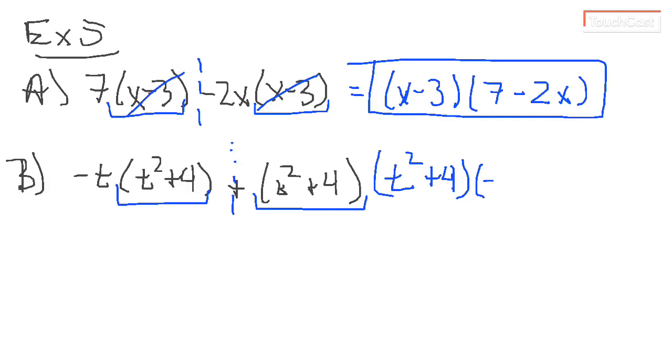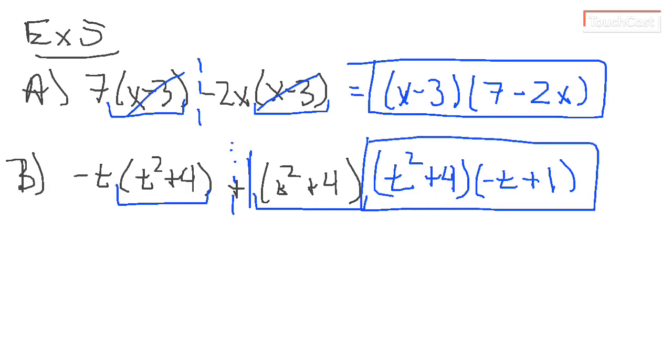Well, we've got a negative t from the first half, but what's left in that second half if I divide t squared plus 4 out of it? Well, remember, there is secretly a 1 right in front of t squared plus 4 in that second half. So we're going to put a plus 1 to wrap that up. And that one's done. Let's do one more and we can call this lesson good.